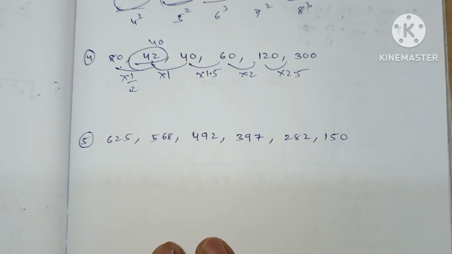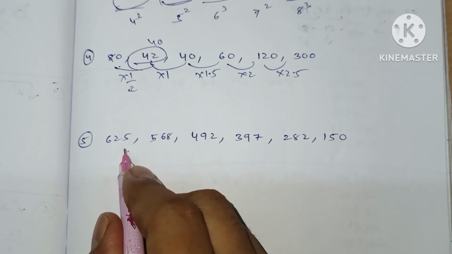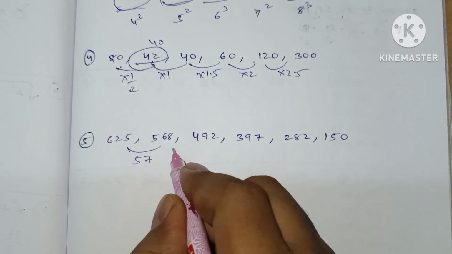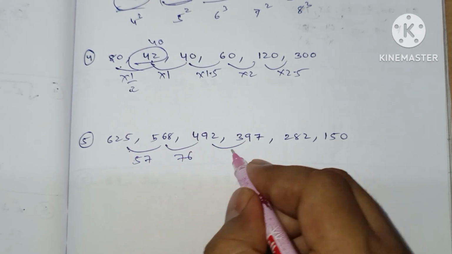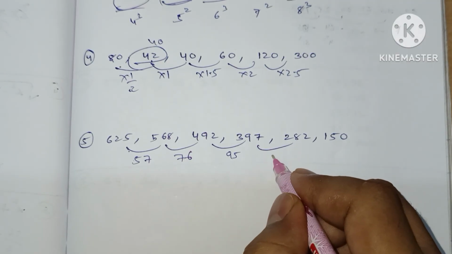Next, fifth question. Here the numbers are gradually decreasing. So we'll go with the differences. Here the difference is 57. Here the difference is 76. Here the difference is 95. Here the difference is 115.